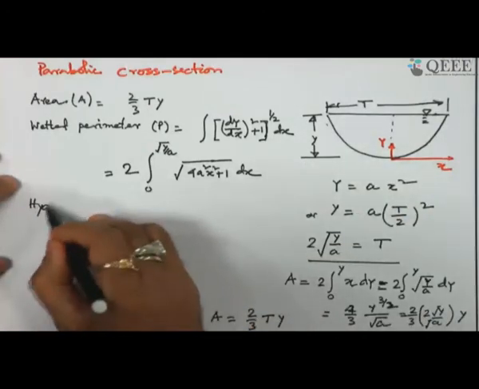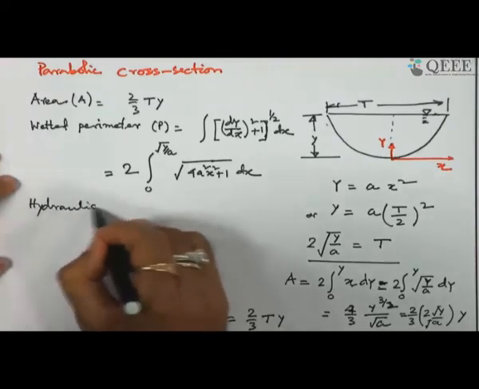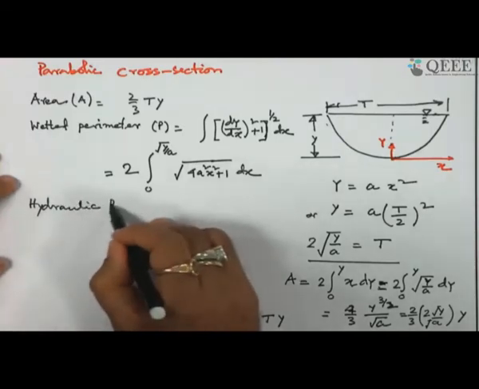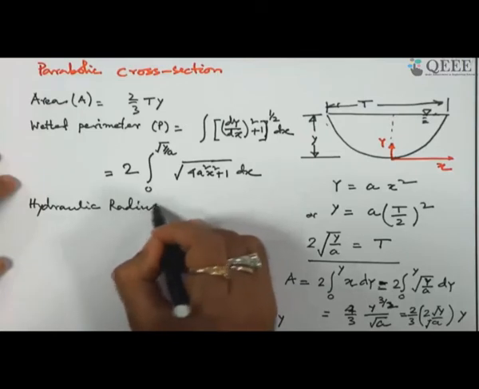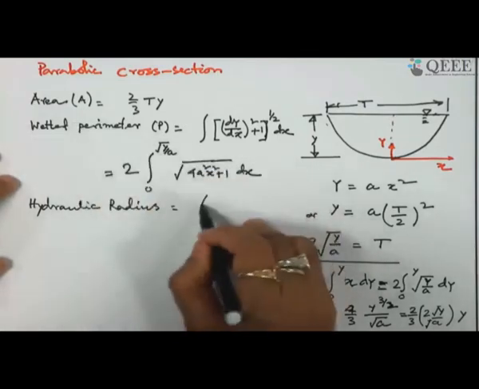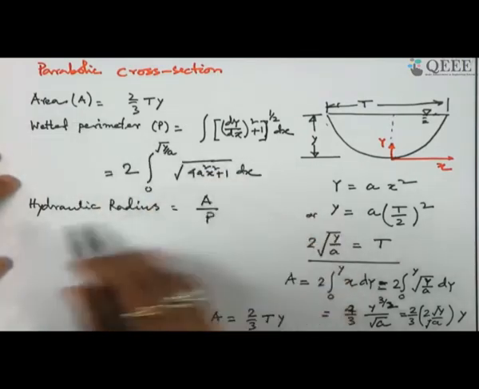This is the hydraulic radius. So, A by P will be the hydraulic radius.